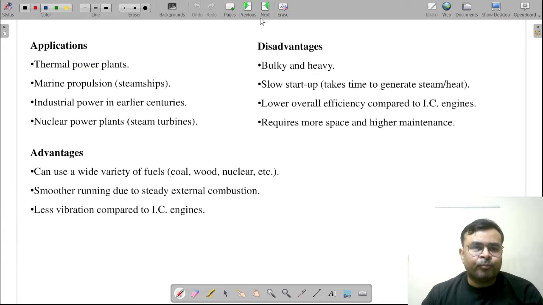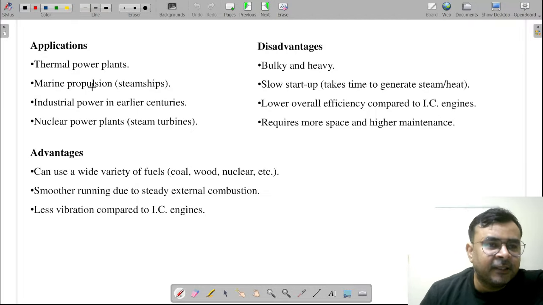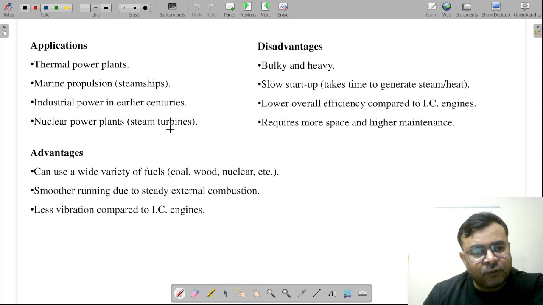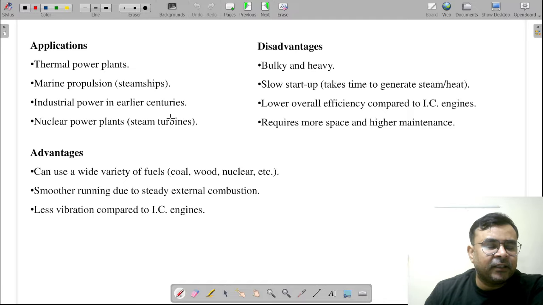Is it right? And if I talk about application, then thermal power plants run on the basis of this principle. Marine propulsion, steam ships, industrial power in earlier centuries, but nowadays we are not using this. Nuclear power plants, of course, and thermal power plants are the major applications in the modern era.